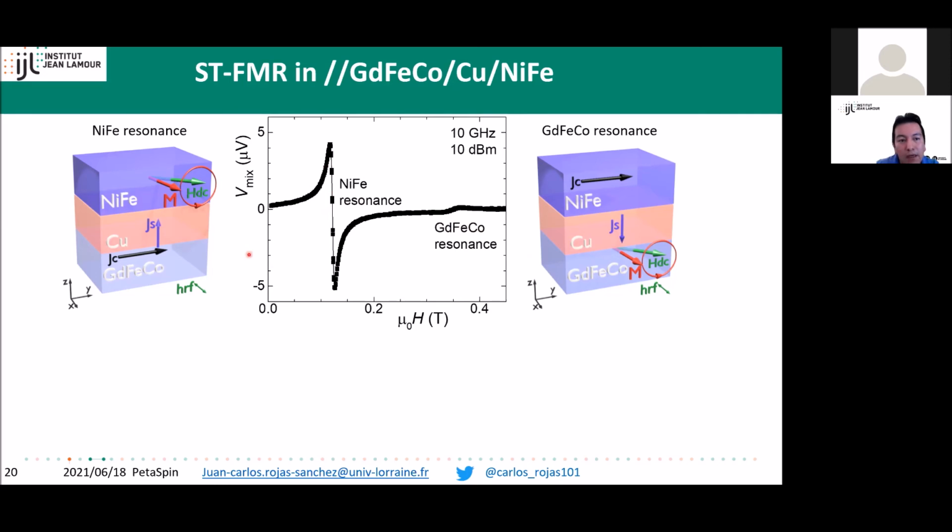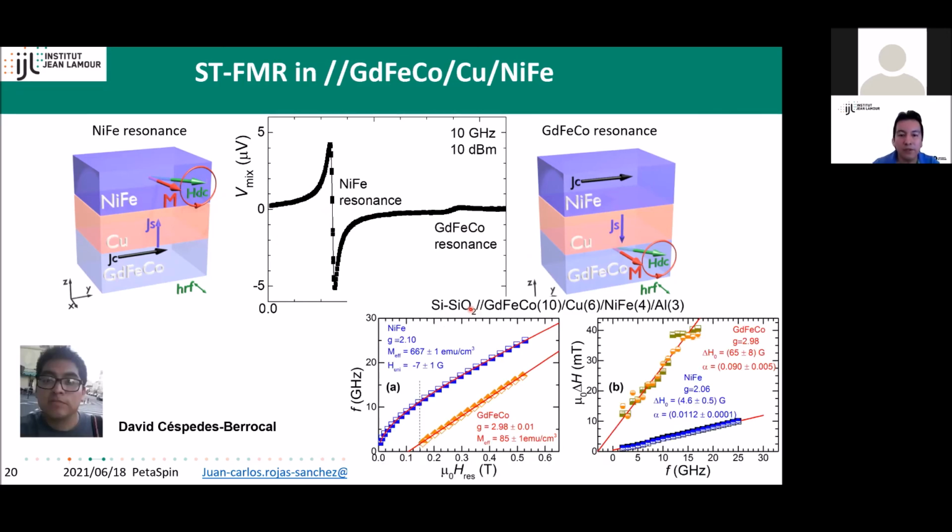What is happening here is that due to the AC current flowing in copper and gadolinium iron cobalt, when we reach the FMR condition, we may precess the magnetization of permalloy. We can perform, for example, frequency dependence, and we can get the typical Kittel relationship. The blue one is for permalloy.